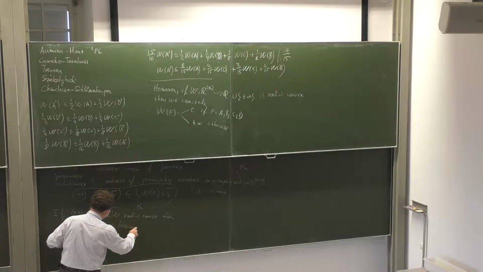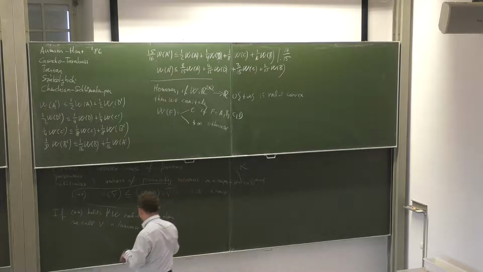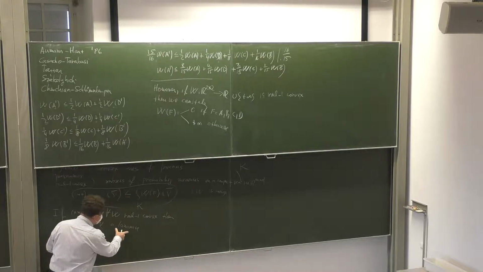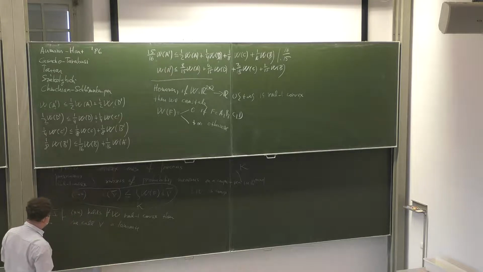So while here, this was just the convex cone of probability measures, here we have a special subset of measures which are called laminates.